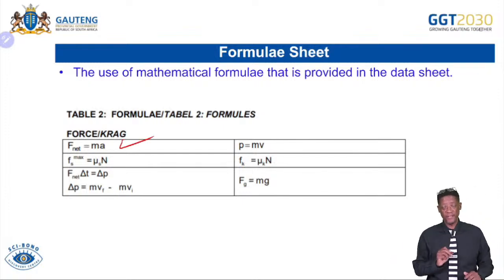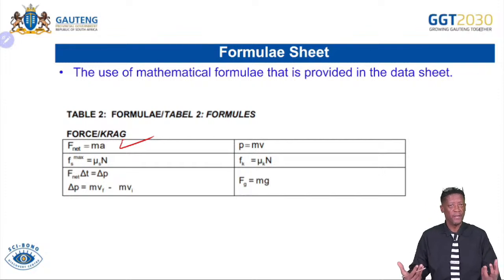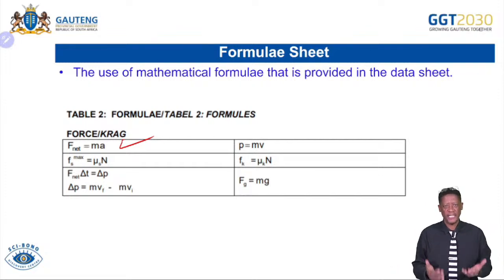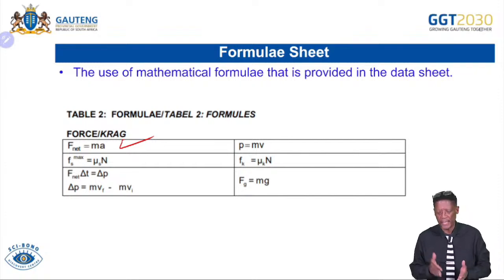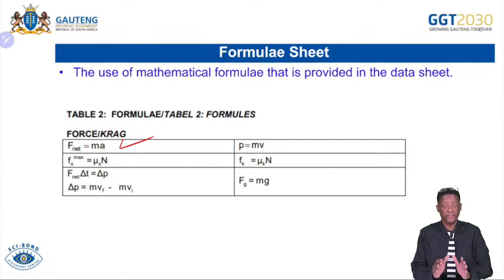This formula will give you Newton's second law. You don't have to state Newton's second law. It is there on your data sheet, and the data sheet is behind your question paper. You are allowed to peruse your question paper and look at the formulas that you want. So this is very important.